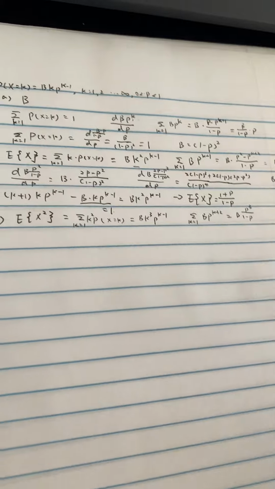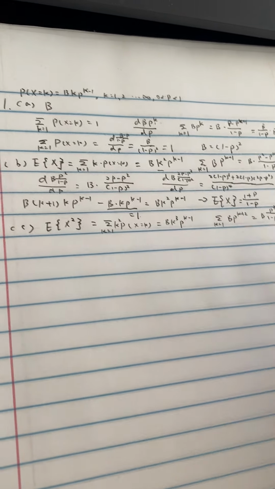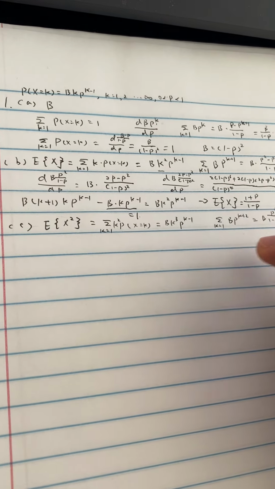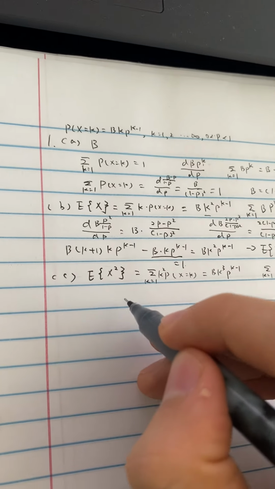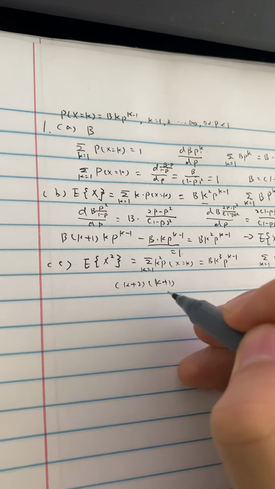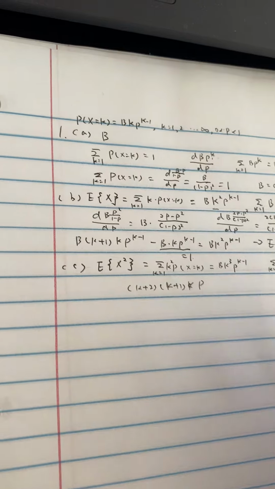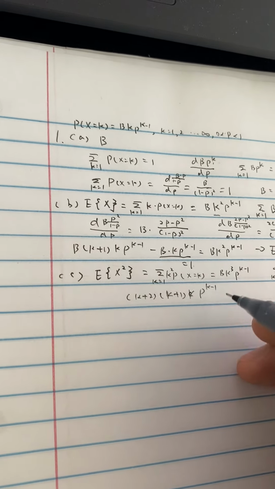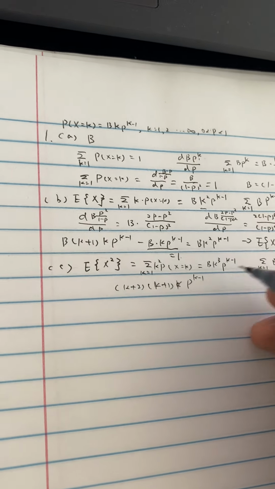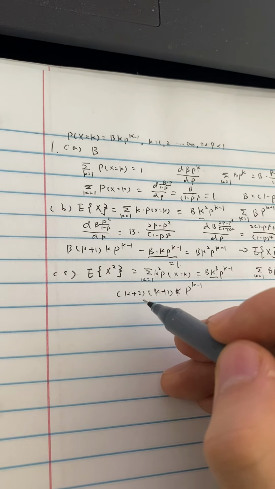Then take the derivative 3 times, and when we take 3 times, we find that there will be k plus 2 times k plus 1 times k times p to the power of k minus 1.